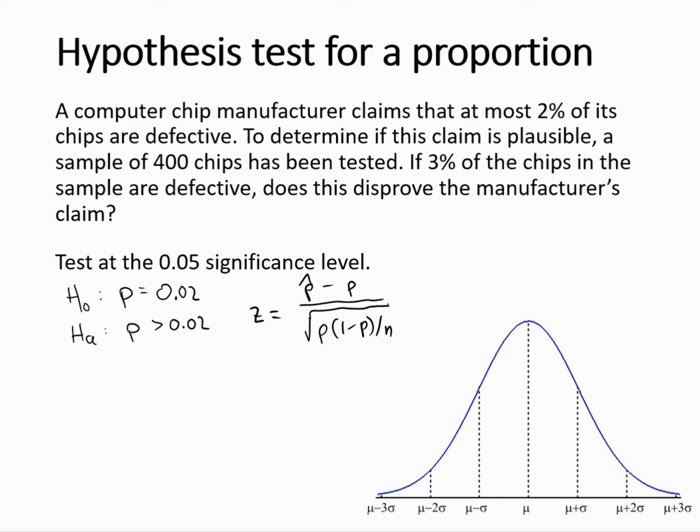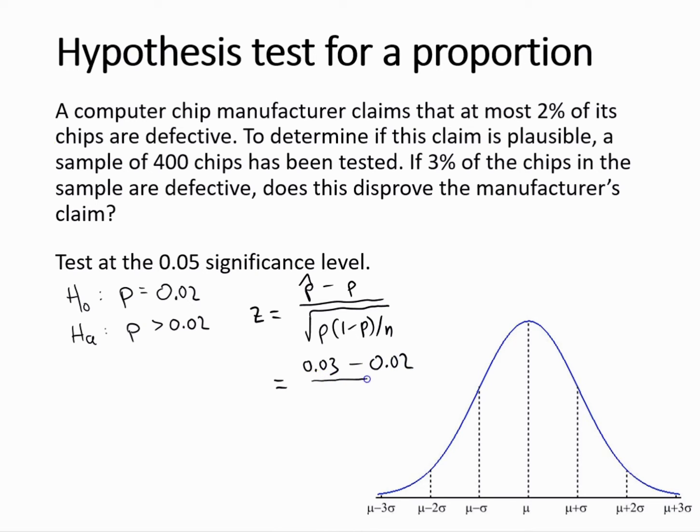So p hat is the sample proportion. P is the value from the null hypothesis, 0.02 in this case, and of course n is the sample size. So our p hat is from the sample. That's our 0.03 observed in our sample.